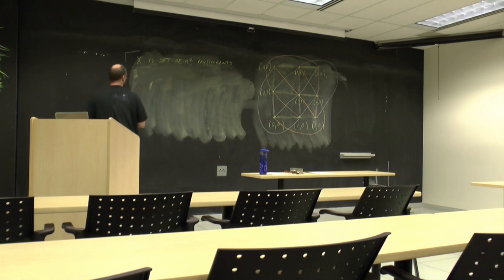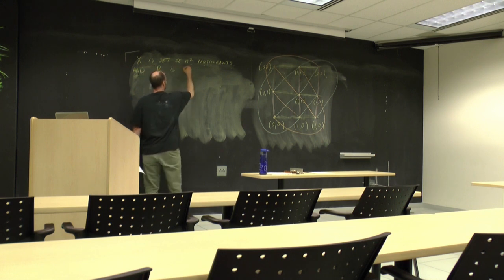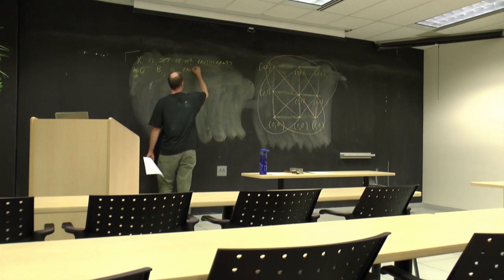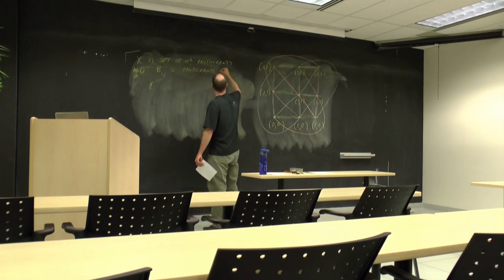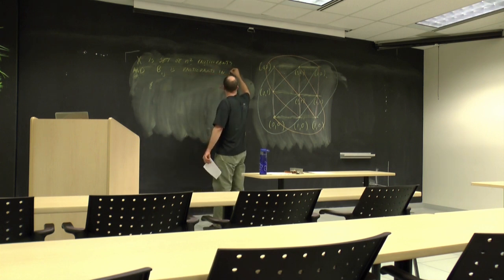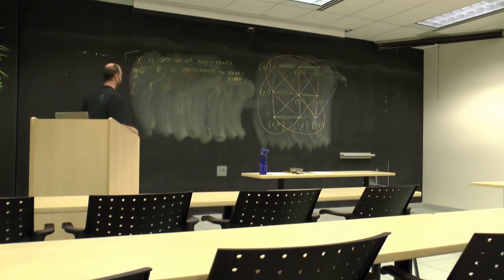We also need the schedule. N squared participants, and Bij is participants in round I, room J. There we go.